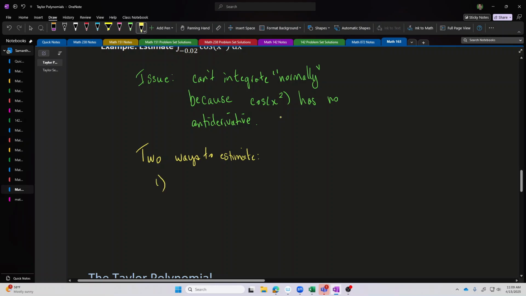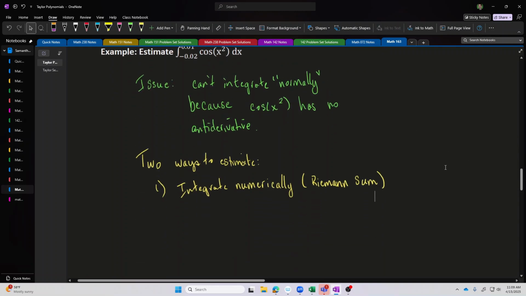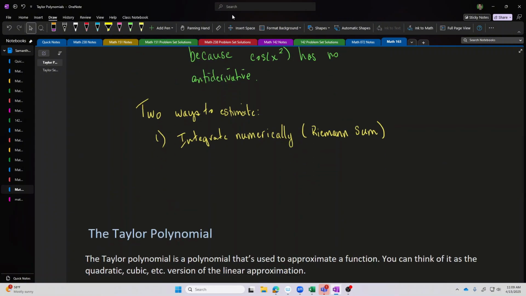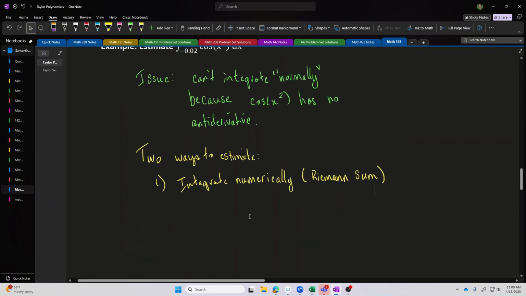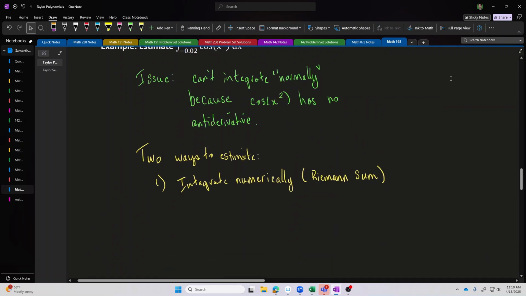The first way, of course, is to integrate numerically. In other words, to use, for example, a left or a right Riemann sum, or to use trapezoid rule if you learned trapezoid rule in Calculus 2. And that's fine. That'll get you an estimate. You can choose your delta x, you can build your table, you can use the Riemann sum formula, etc. That'll absolutely work here as one way to estimate this result.